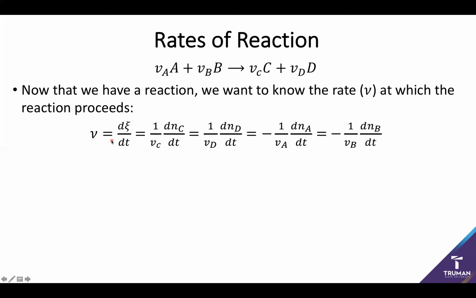However, for every 1 mole of reaction, there's going to be V_C of C being formed. So in this case, in order to set these two equivalent, I'm going to essentially divide the rate of production of each of my products by their coefficients to scale down to how many moles of reaction have occurred.